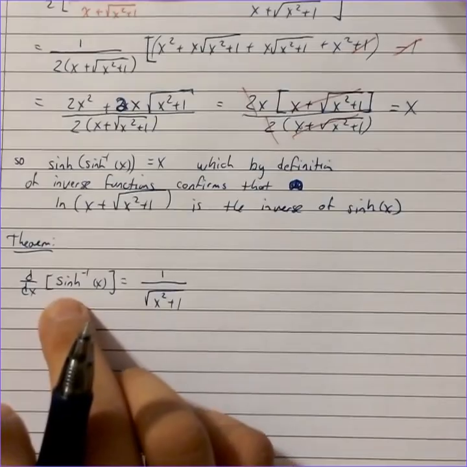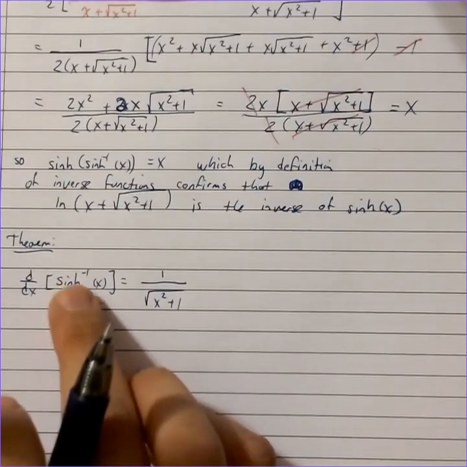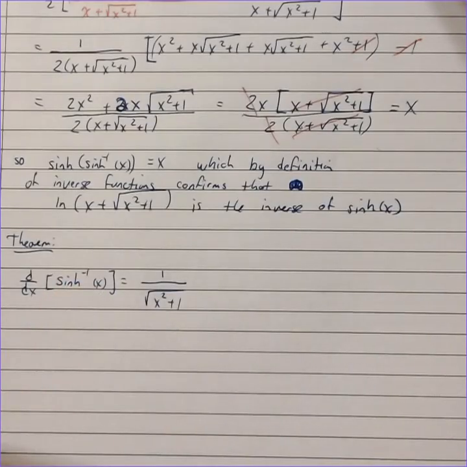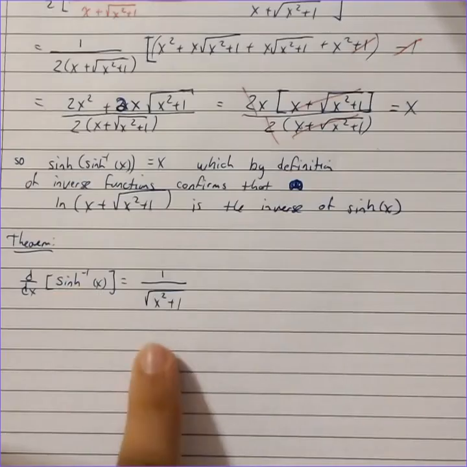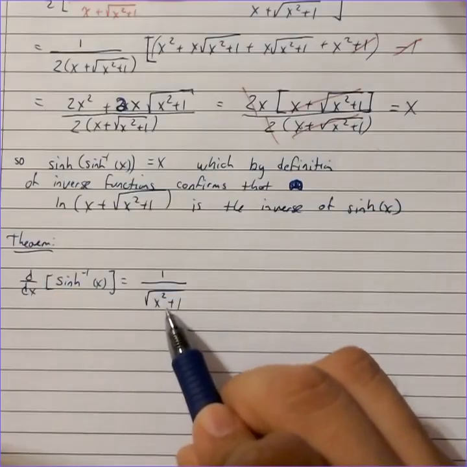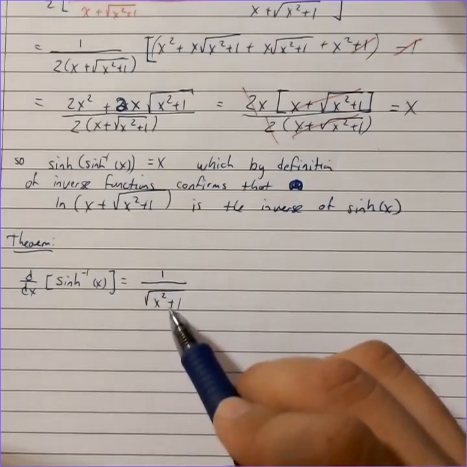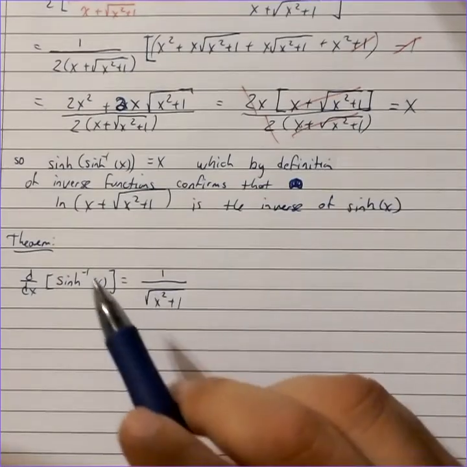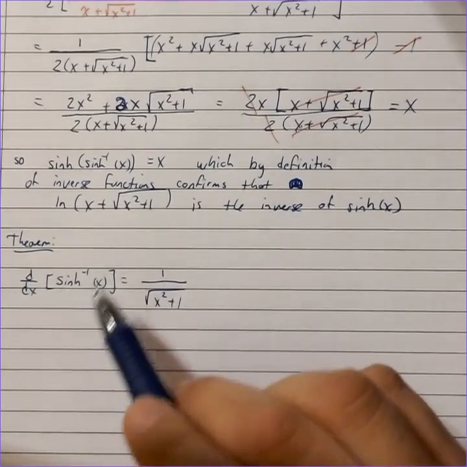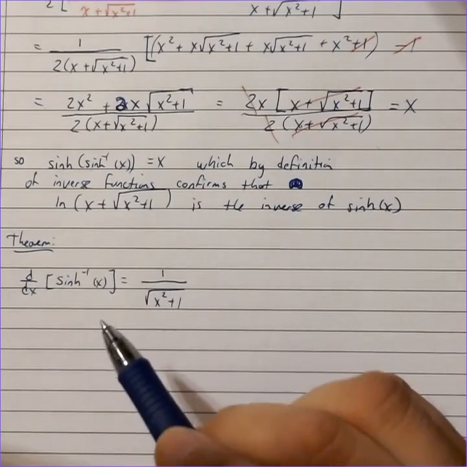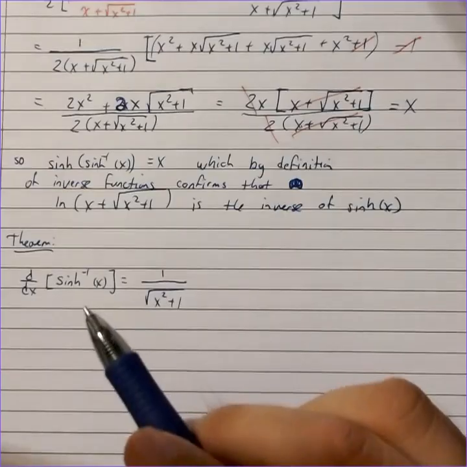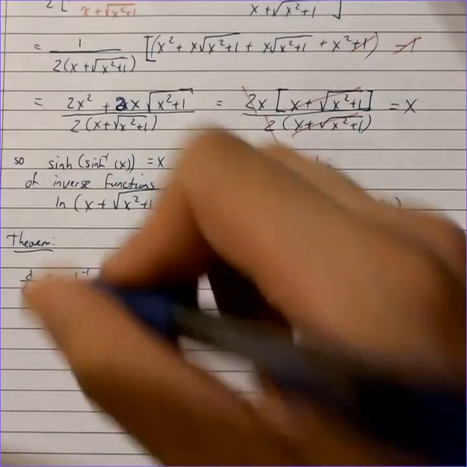You'll recall from a previous section that the derivative of the inverse sine function, also called the arcsine, looks very similar to this, except that instead of 1 plus x squared, it was 1 minus x squared. This is just another example of how the hyperbolic functions and the circular functions continue to have things in common.